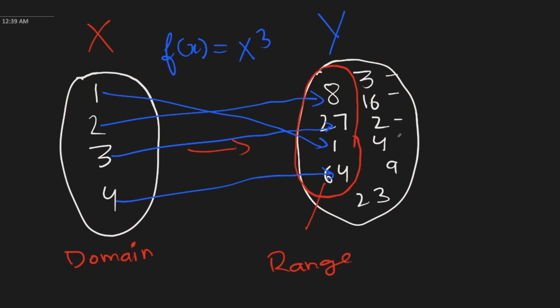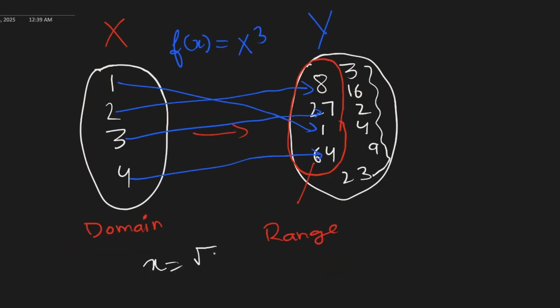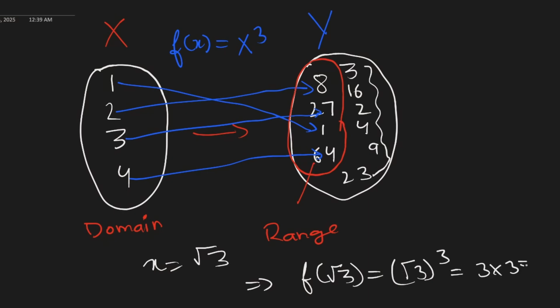What that means is that they are possibilities. Like, you definitely can get 3. If your x is equal to the square root of 3, then if you put that value, we'll get 9. So the answer 9 for y is a possibility here, but it's not in the range because none of the inputs that we have right now give that y.